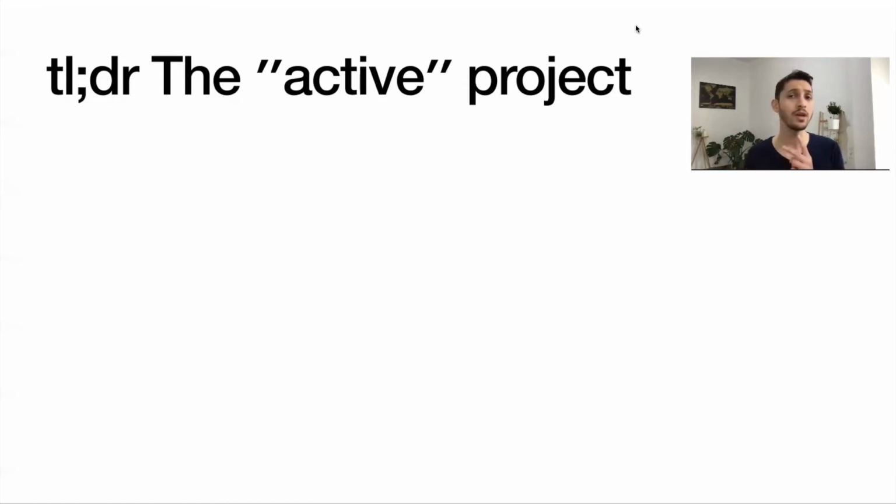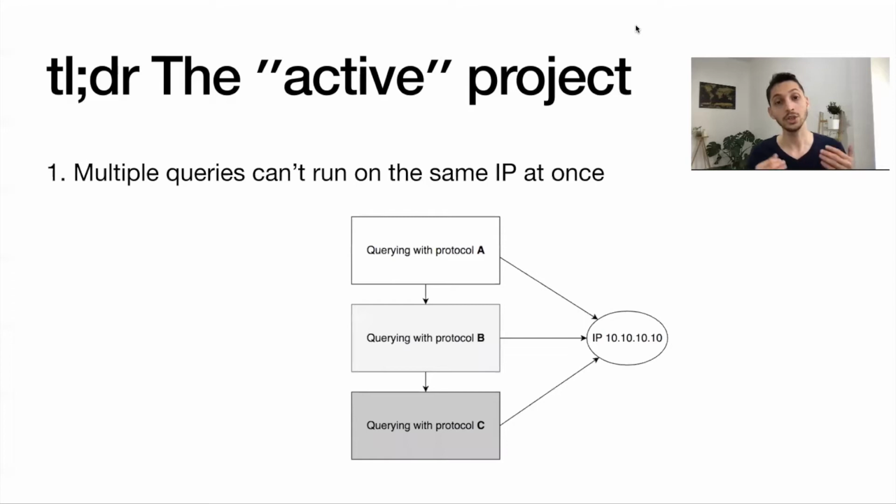So there are two main things that we should remember and know about this Active project. The first thing is that each query will work one after another. We can't have multiple queries. You see, like we have the query with protocol A, B, and C, and they're all trying to gather information from our poor IP over here, and they're going to work one by one.